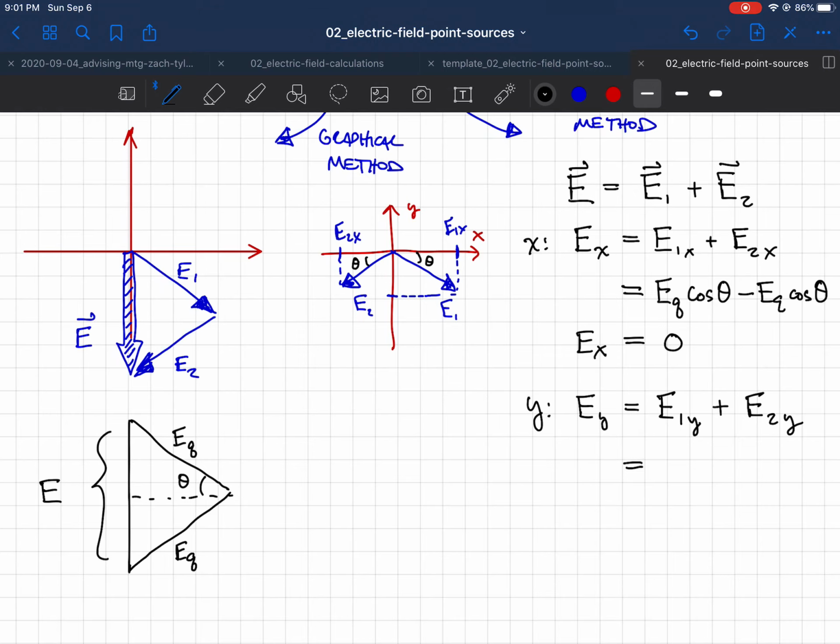And you can see that that's going to be a negative number. It's going to be minus EQ sine theta. And E2y is going to be the same, also minus EQ sine theta. So Ey is equal to minus 2 EQ sine theta.